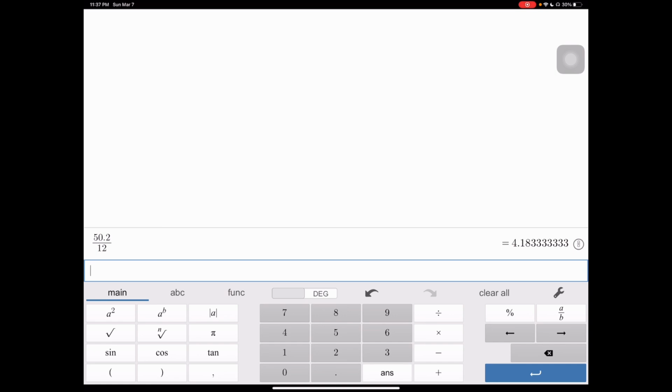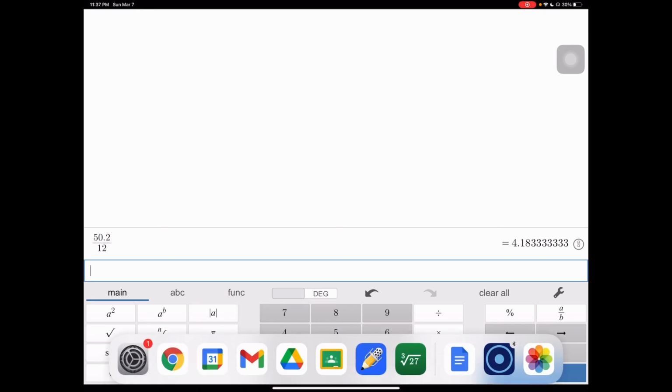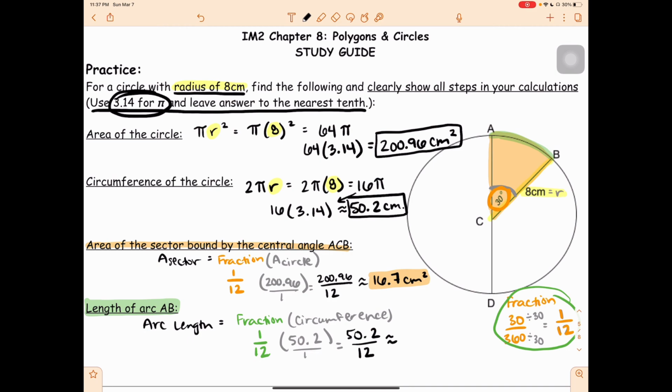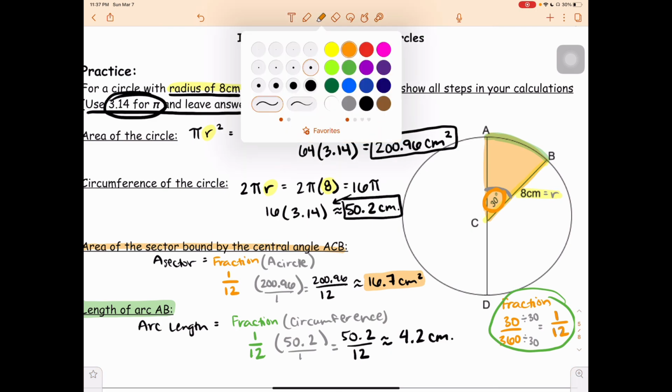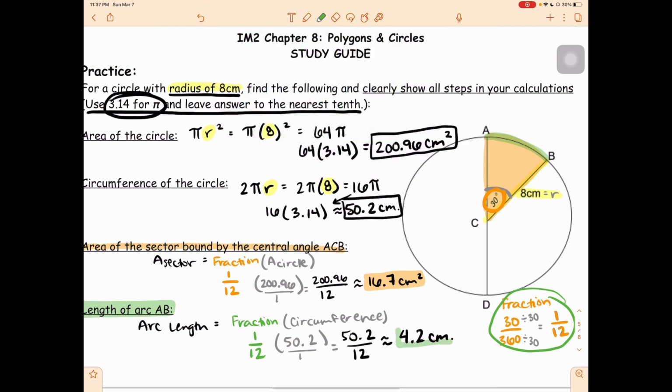Now that 8 would round up the 1 that's in the tenths place to 2. So our approximate answer is going to be 4.2. And it's just centimeters because it's just the length of an arc. So just like circumference, you do not square something that's a length. You only square the units on something that is the area.